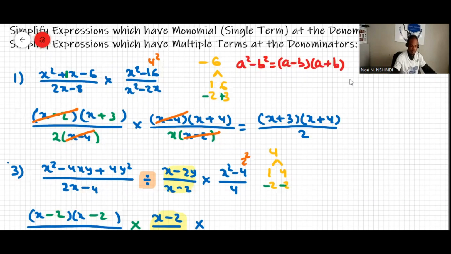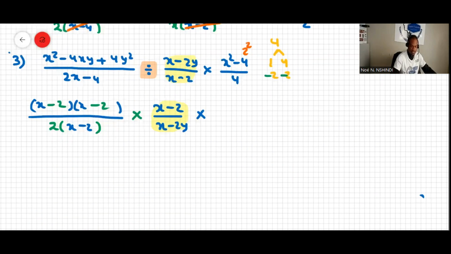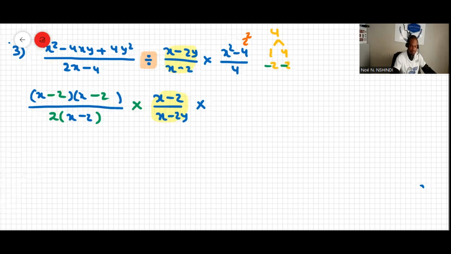So this will be x minus 2 and then x plus 2, in brackets like that, over 4. So after we factorize the fractions, then we can start. The first thing is you factorize the fraction, and if the operator is division, you switch the fraction also. Then we can start simplifying the fractions.